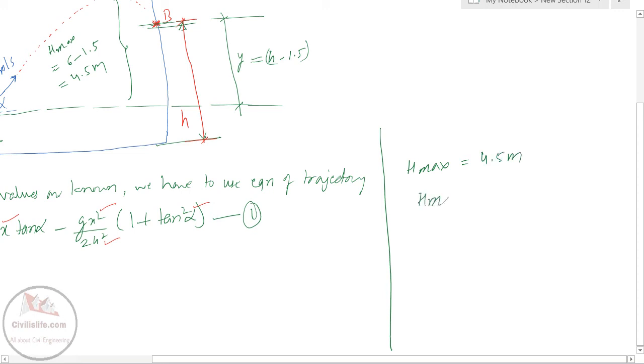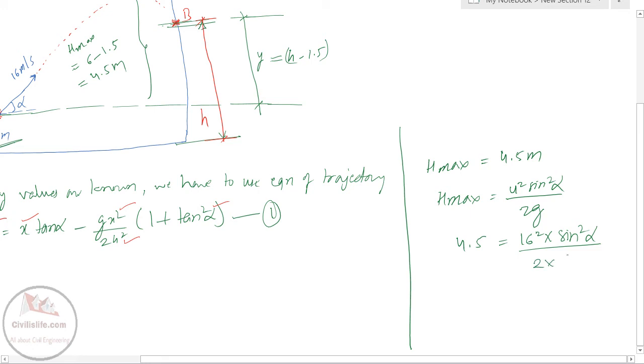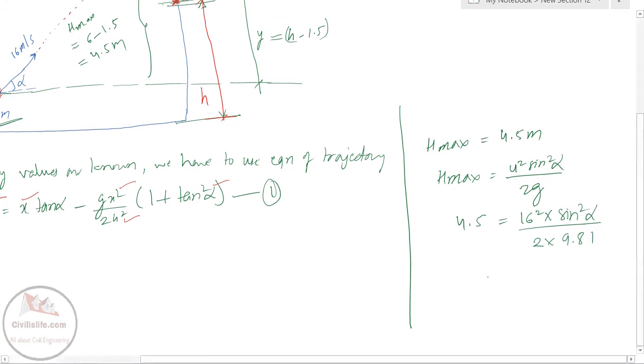and the equation of h max is u square sin square alpha upon 2g. So 4.5 is equal to, what is u here? u is 16, so it is 16 square sin square alpha upon 2 multiplied with 9.81. On solving this one, we get alpha as 35.963 degree.